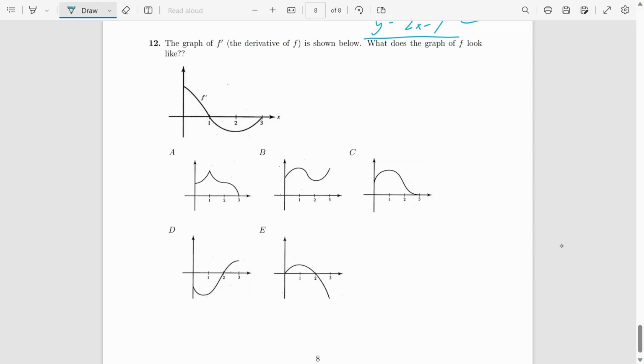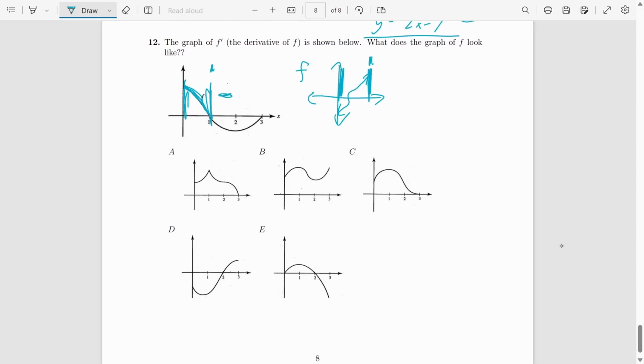If f prime is positive here, then that means the graph of f, whatever it looks like, we have our axes here. Let's put those two lines here as well. It will be increasing for everything here. It'll only be going up. And at this specific point, when it changes from positive to negative, it will start decreasing like that.